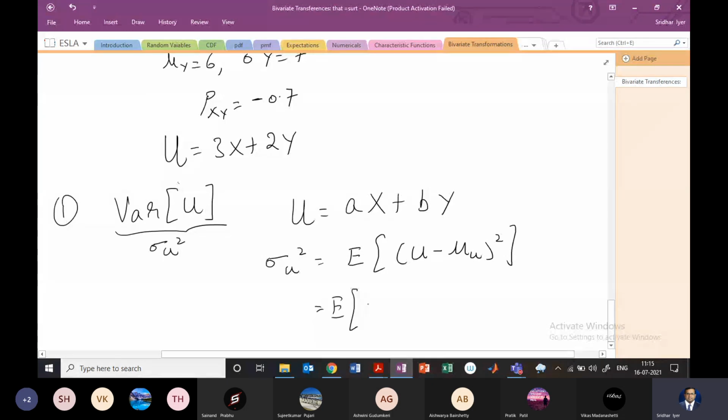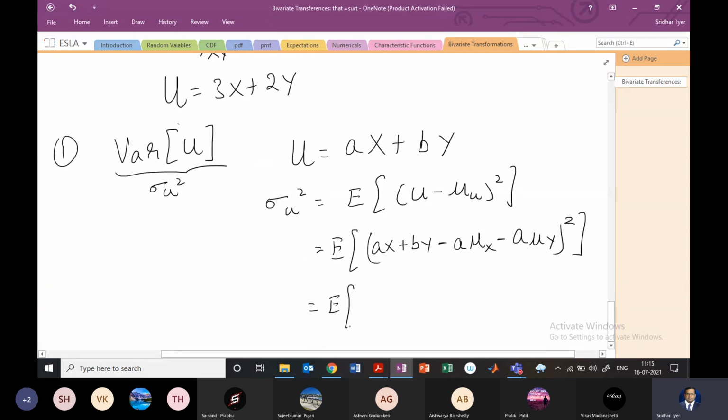So this will be E of u, and u is ax plus by, minus mu u as well, so a mu x plus b mu y, the whole square. I can write this as E of a into x minus mu x plus b into y minus mu y, the whole square.